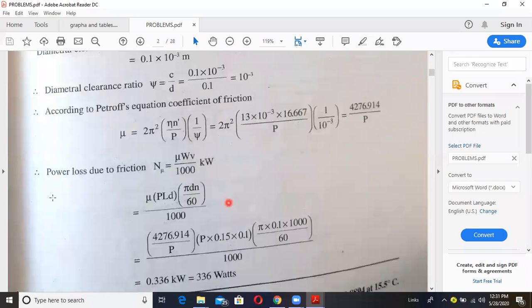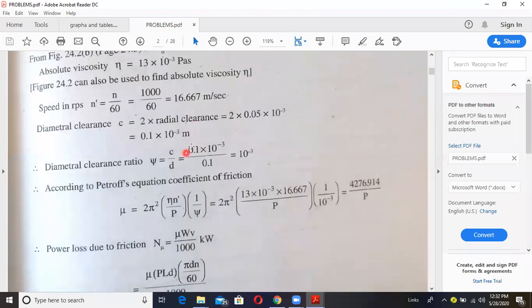Once you get mu, the formula to calculate power loss is mu capital W V divided by 1000 in kilowatt. In this, the unknown is mu. That's why we have calculated mu. In this mu, the unknowns are neta, n dash, xi. So we have calculated neta, n dash and xi in the previous steps.